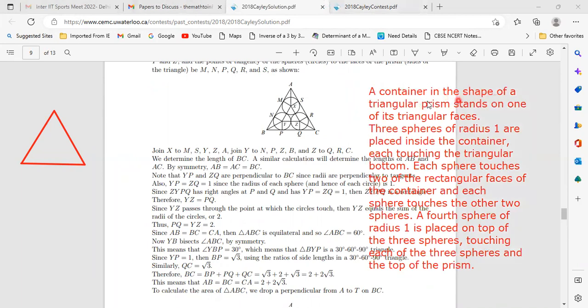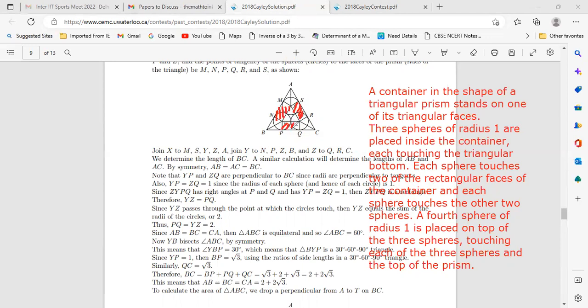A container in the shape of a triangular prism stands on one of its triangular faces. Three spheres of radius 1 meter are placed inside the container, each touching the triangular bottom. Each sphere touches 2 of the other rectangular faces of the container. They mean this.